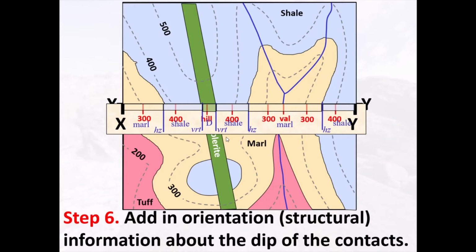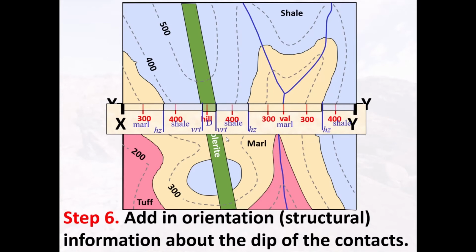But we've also discerned that the dolerite dike is vertical, so we can denote that on our cross-section strip with a little VRT, and then that way when we move our cross-section away, we still have all of the information which will allow us to draw the geology onto our cross-section.